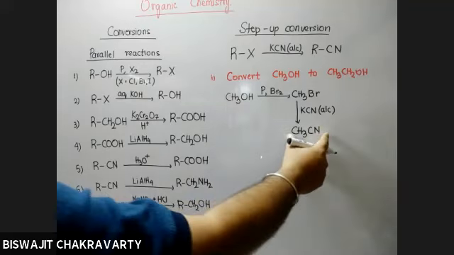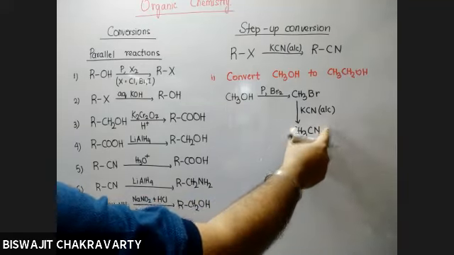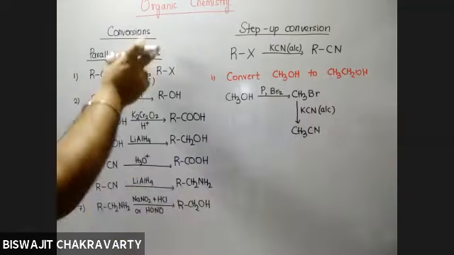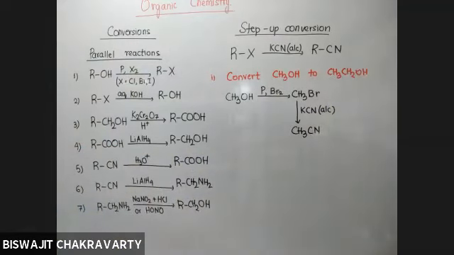But now again with the help of this, we need to convert to this, and for that we will have to refer to the parallel reaction. So any idea what should I do with CH3CN? Refer to these reactions and tell me.